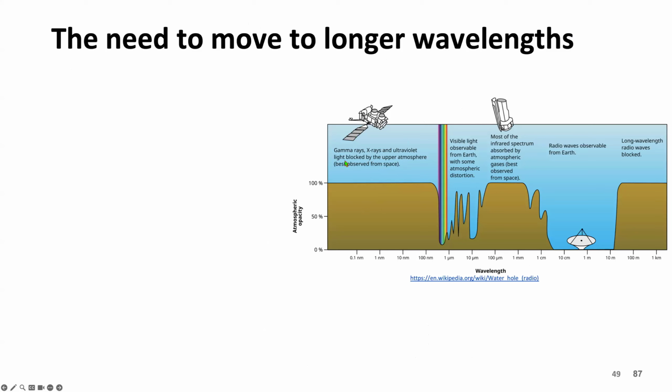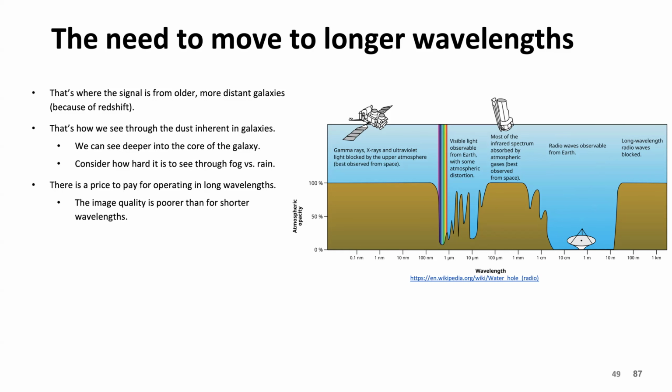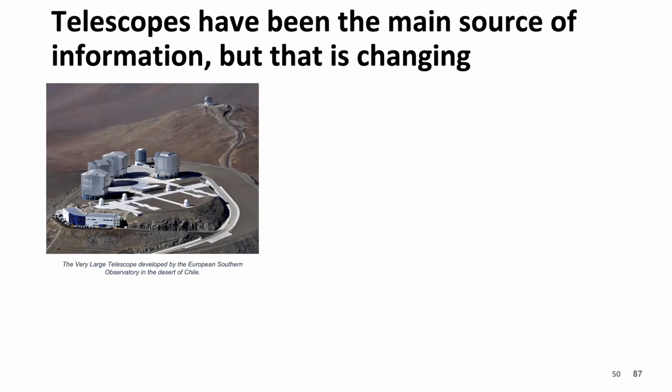So if you want to do gamma rays or X-rays, you've got to go to space because the atmosphere of Earth is opaque. Here's the part we can see. And fortunately, we can see clearly into the universe in radio waves because our atmosphere does not absorb strongly in that part of the spectrum.